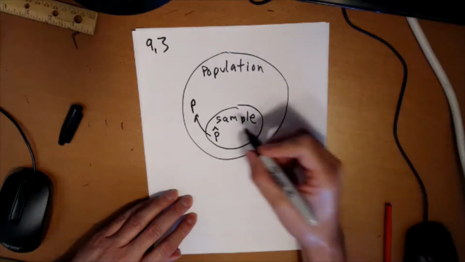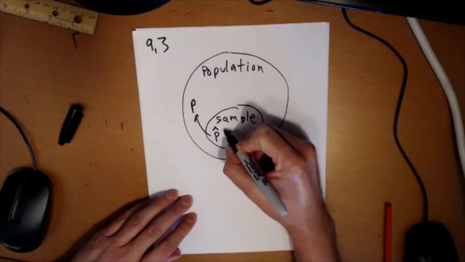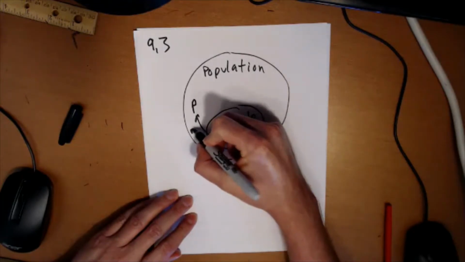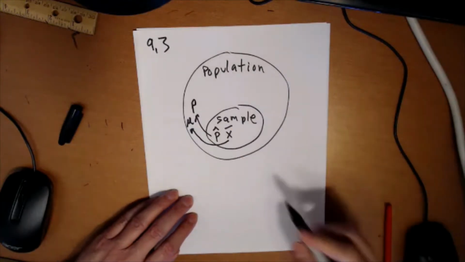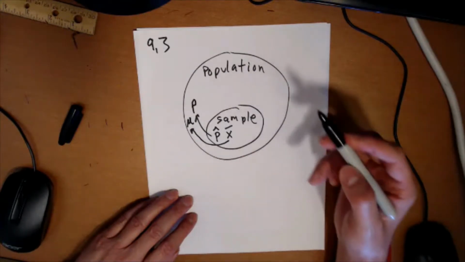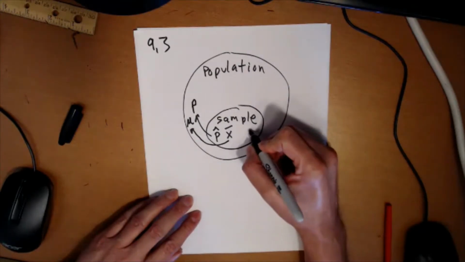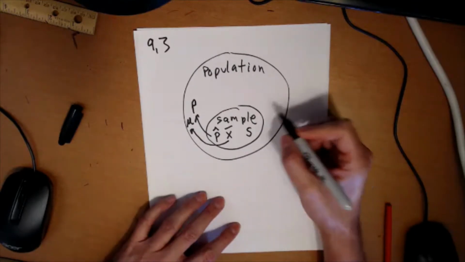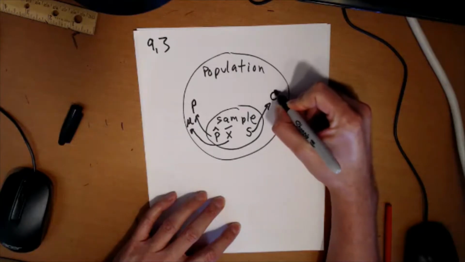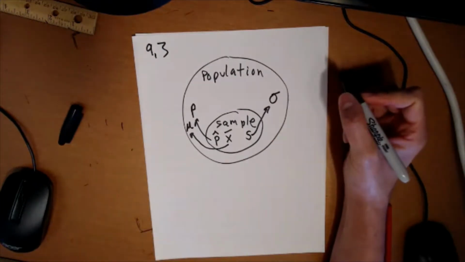And if we look at the sample mean, x bar, we're hoping that it is a good approximation to mu. So mu and p describe the population. These are the parameters. When we look at a sample, we can also get a sample standard deviation S, and hopefully that is a good estimate of our population standard deviation, sigma.